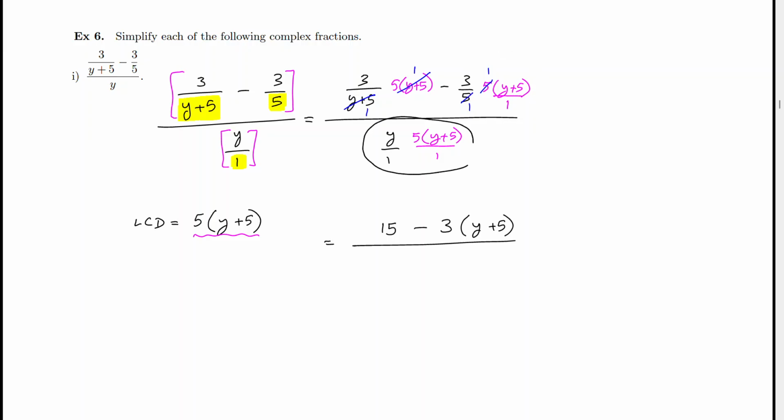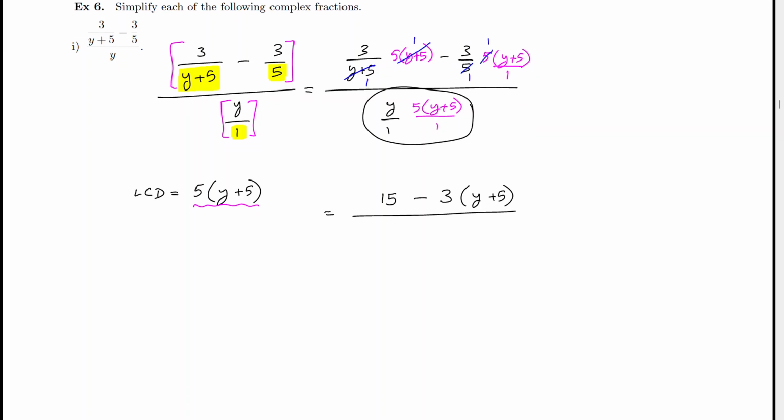Finally, at the bottom, on the denominator, nothing will actually cancel out. So we just go straight across. We multiply the top with the top, the bottom with the bottom. So numerator goes with numerator, denominator goes with denominator. And so it's going to be 5y and y plus 5. And 1 times 1 is just going to be 1. But again, I'm not going to write divide by 1 because it's not going to make any difference.